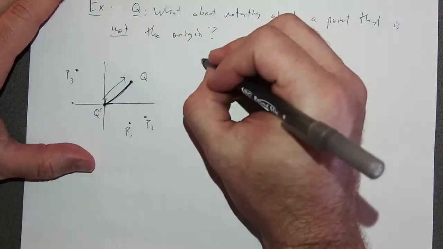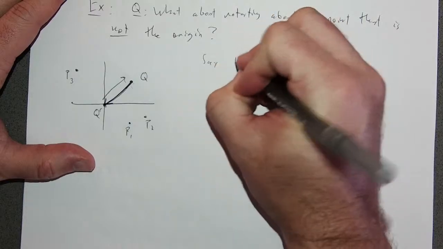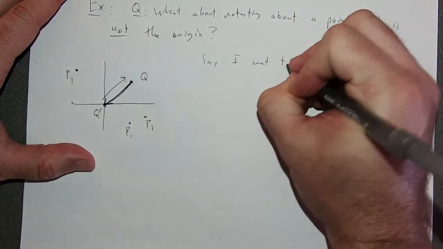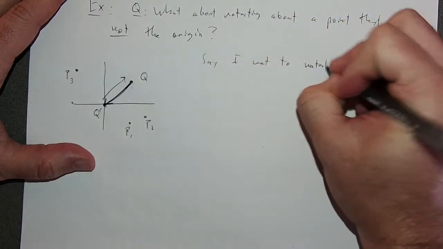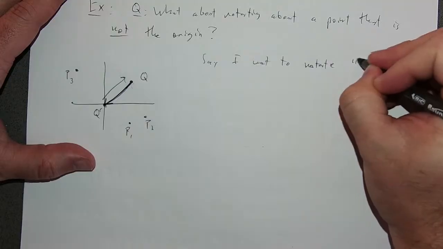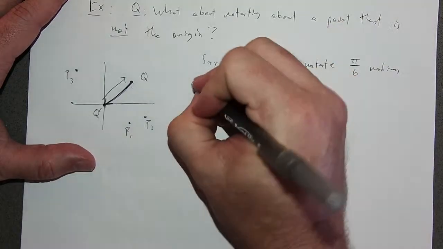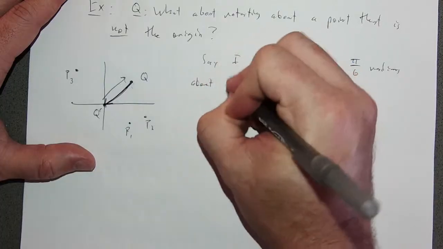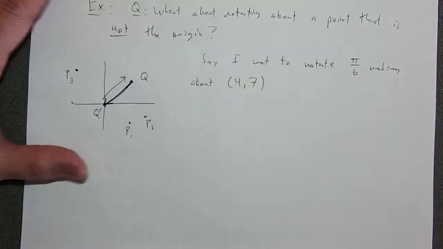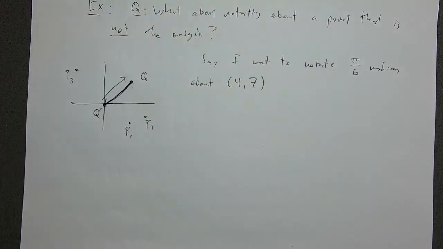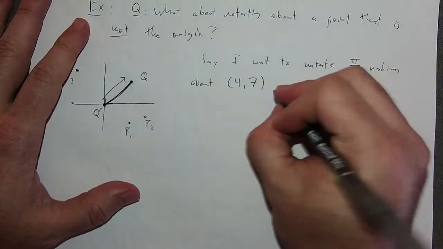So, say I want to rotate counterclockwise, again, as always, pi over 6 radians about the point (4, 7). What do I actually do?